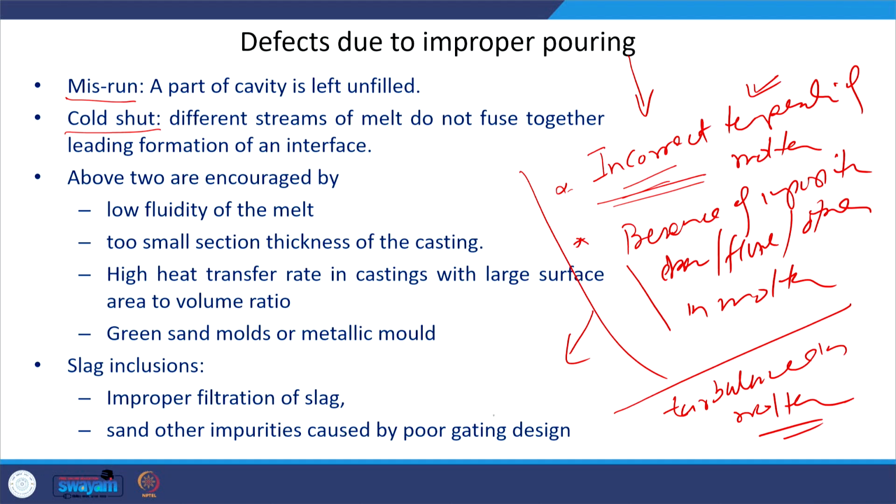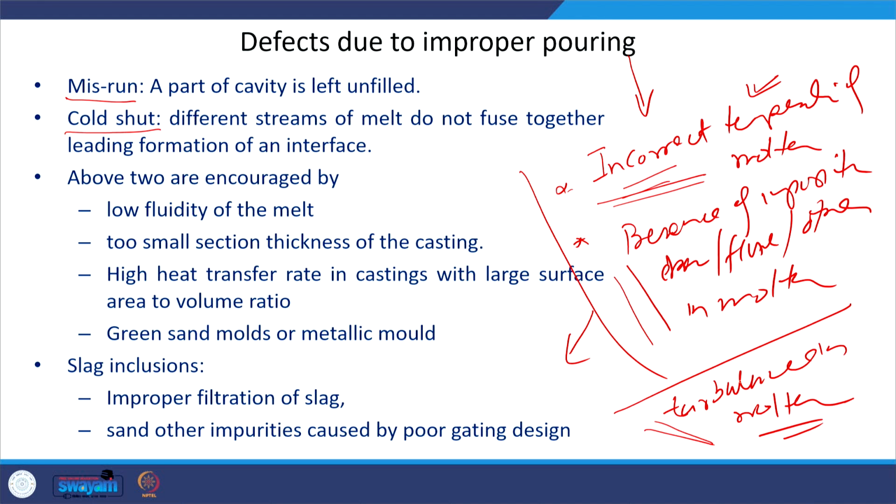Okay. And improper filtration of the molten metal, or removal of the impurities, will lead to the supply of molten metal to the mold with the impurities, dross and other oxides coming with the molten metal. While the turbulence will encourage the pickup of gases by the molten metal from the atmospheric air.